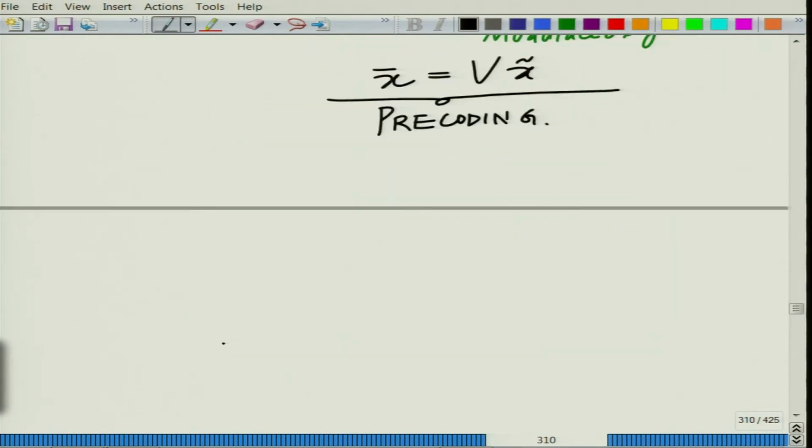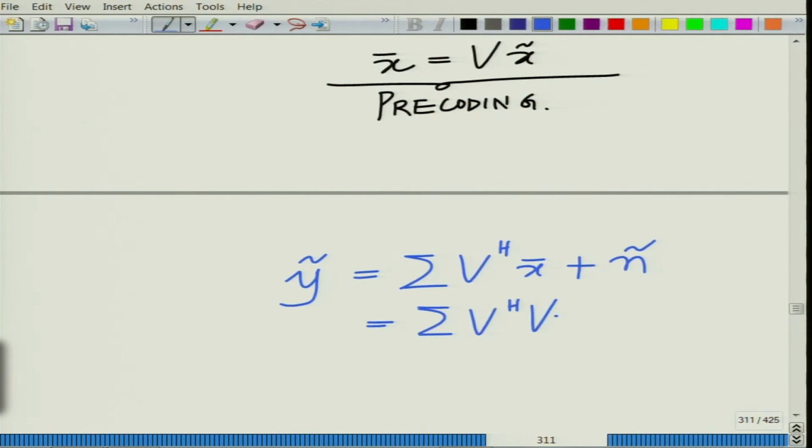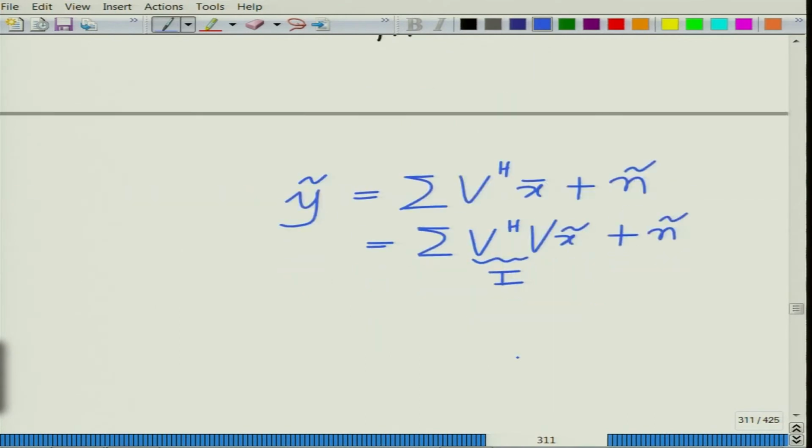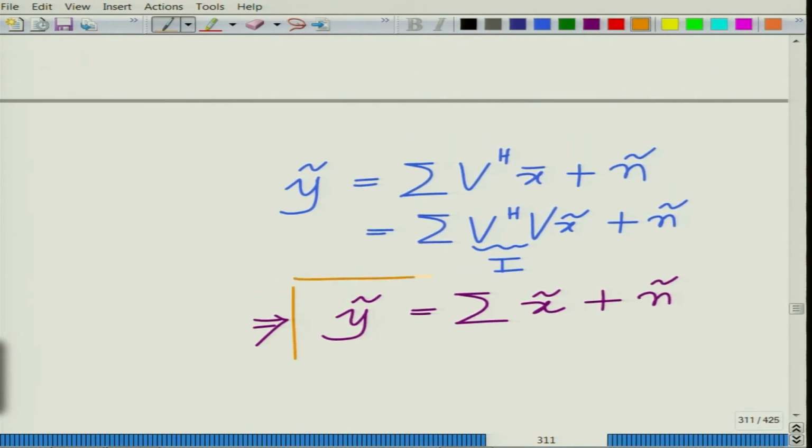Now, you substitute this in our model that we have over here, that is, you have Y tilde equals sigma V Hermitian x bar plus n tilde. You substitute the precoding model, that is V Hermitian V times x tilde plus n tilde, and V Hermitian V is identity. So, we are left with the model, this reduces to Y tilde equals sigma times x tilde plus n tilde, and this is very interesting.